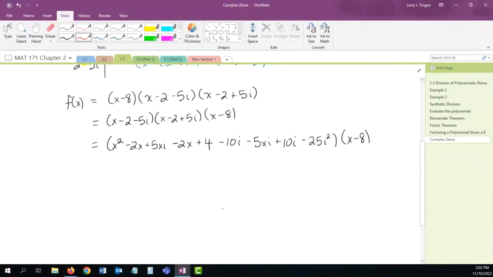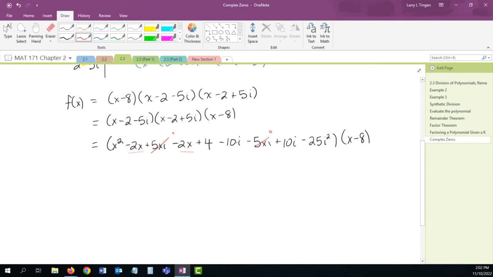All right, now let's combine like terms. No other x squared terms in here. Negative 2x and negative 2x are going to come together. Let's see if anything goes away first. Plus 5xi minus 5xi, those zero out.